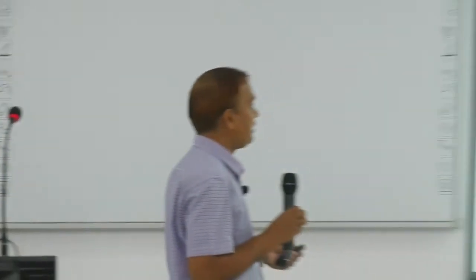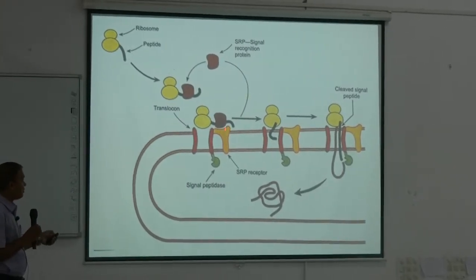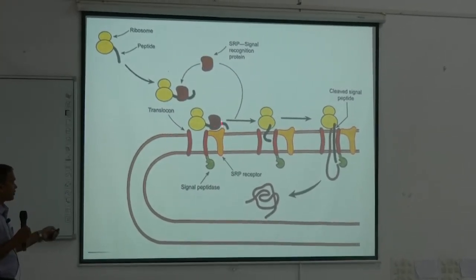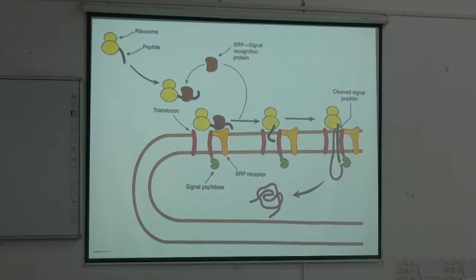See here, this is the inner membrane and outer membrane. Is the protein totally crossing them? No, not transmembrane. Anybody? What kind of protein?